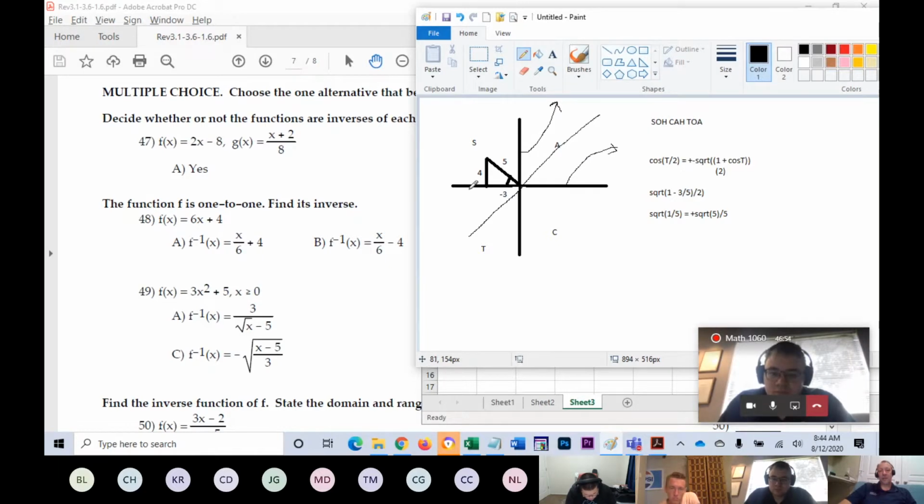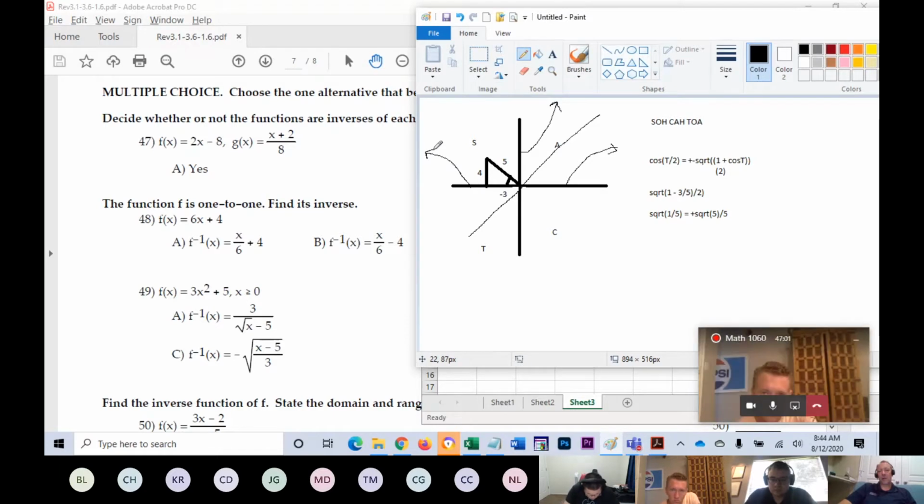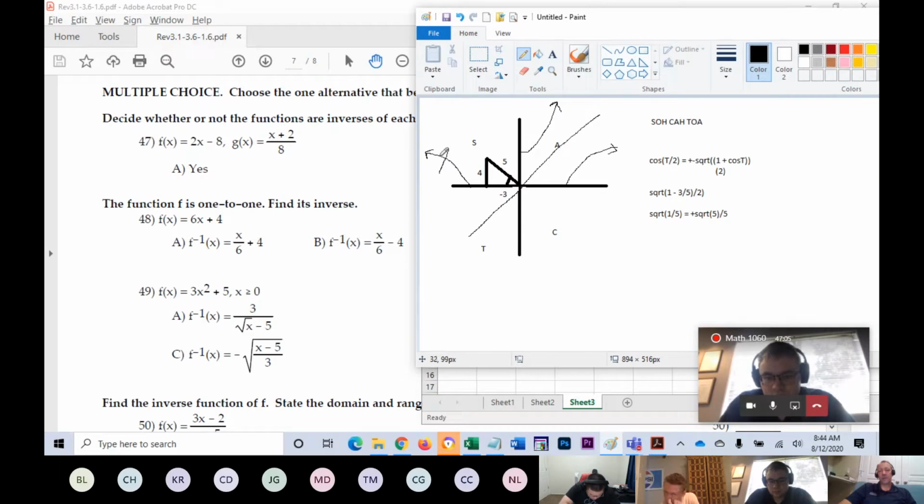If I did the negative, it would probably be out this way. And so we don't want this though. This is no good because we limited our domain to x greater than 0 on the original function, then this piece doesn't matter.